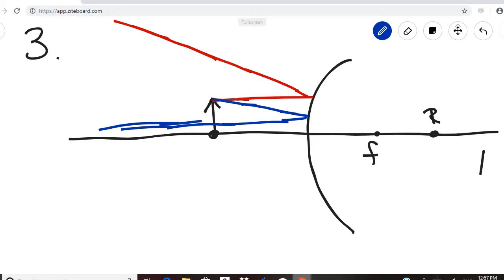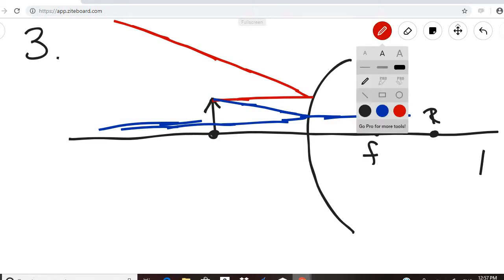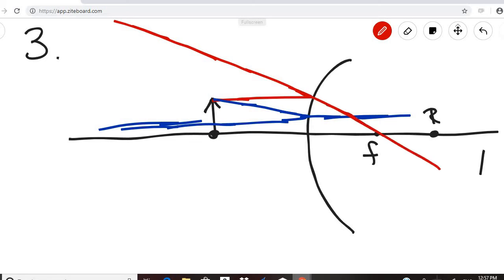Okay, we see they don't intersect, so we will extrapolate this out, and we'll extrapolate the red one out as well. So those two lines intersect right here. Okay, so first of all, because we had to extrapolate, we know it's a virtual image.